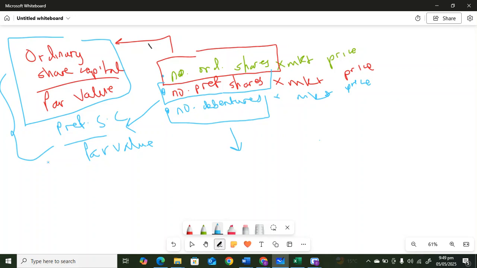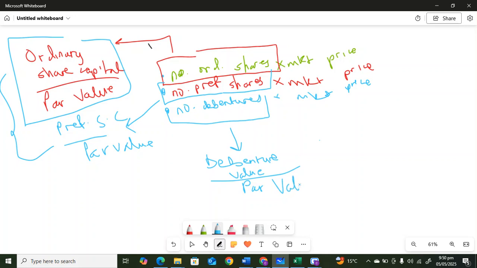Now debentures are not part of capital, they are debt. But you just said debenture value or value of bond. In your context, Mr. Austin, you are correct, because basically what you meant is the debenture value divided by the par value of the debentures. Par value, face value, nominal value.